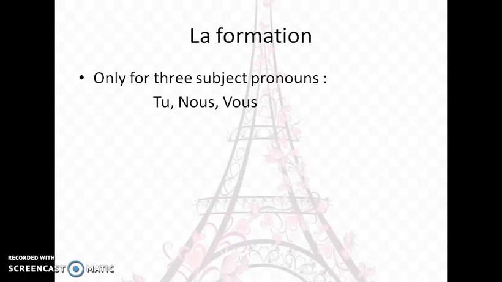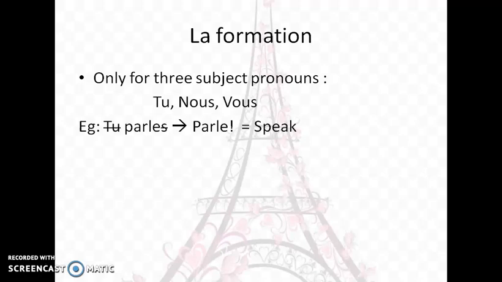Now, how to form this imperative tense? For forming the imperative of any verb, you take the verb and you conjugate it according to that subject. Then you remove the subject. And one exception is for verbs ending in er, whether it is a regular verb or irregular verb.